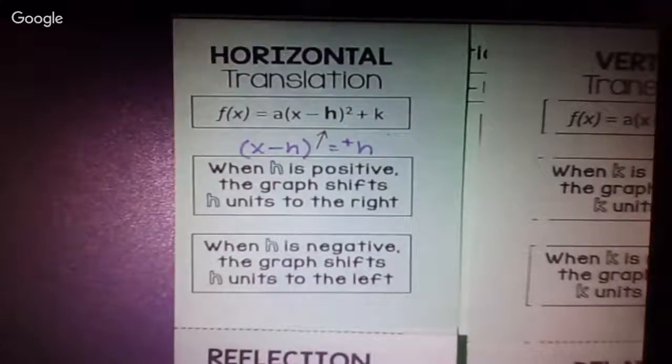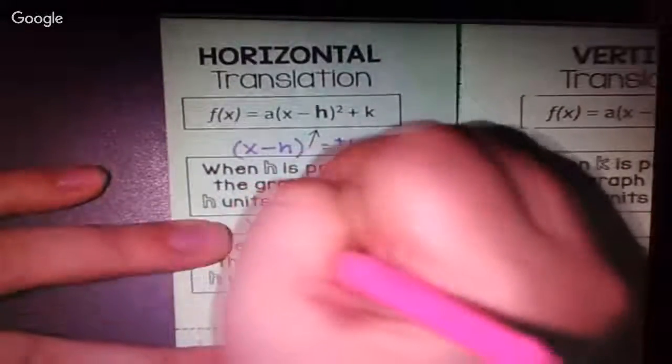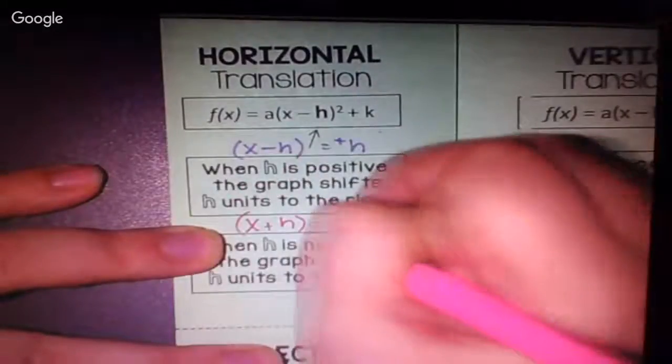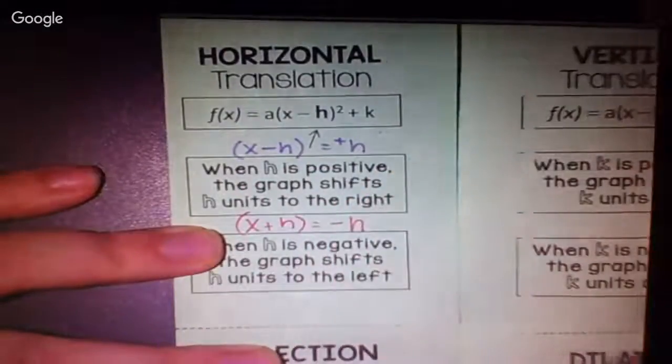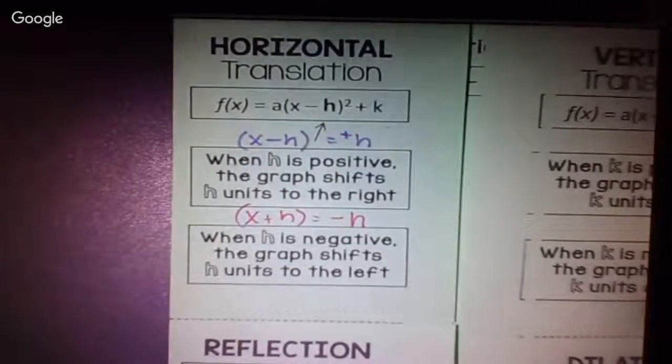So if I have x plus h, my h value is negative. So if I have x minus, it's going to shift to the right. It shifts opposite of what you would think because your h value is actually positive. And when we have x plus, it's going to move to the left because, again, your h value is actually negative. Okay. Everybody good with that?